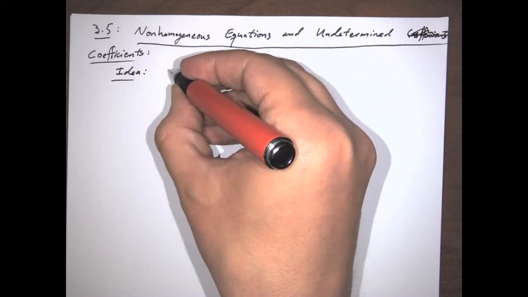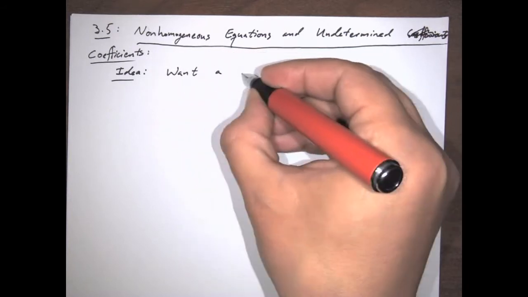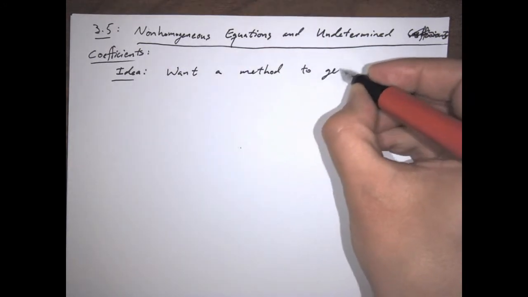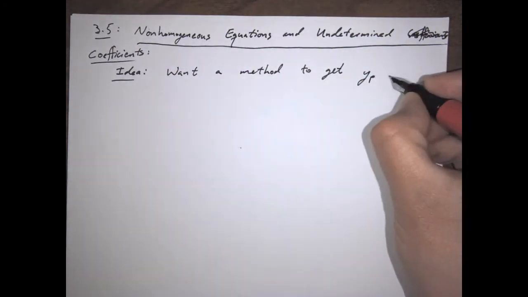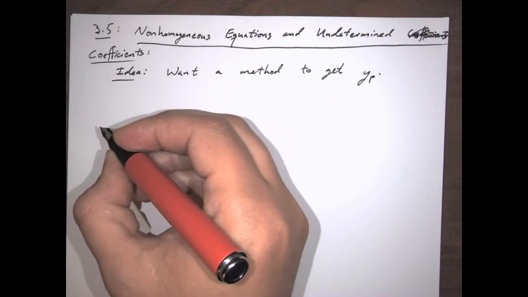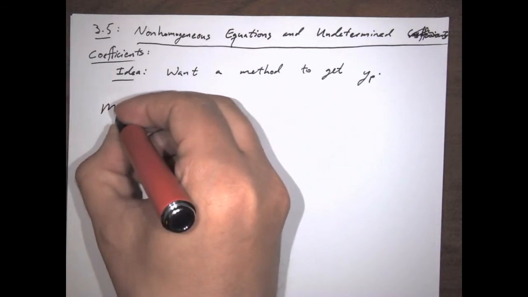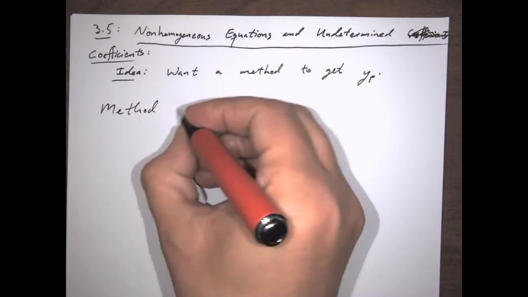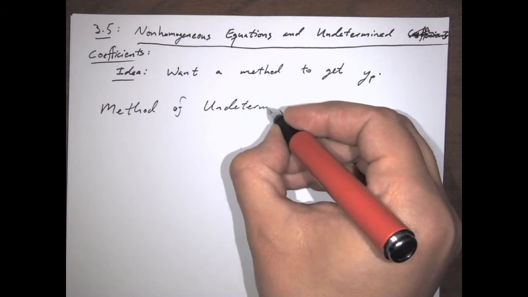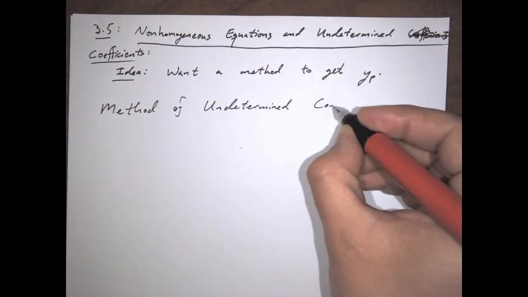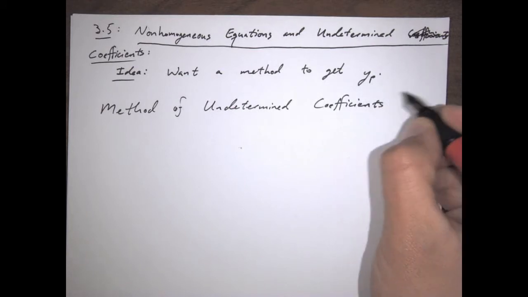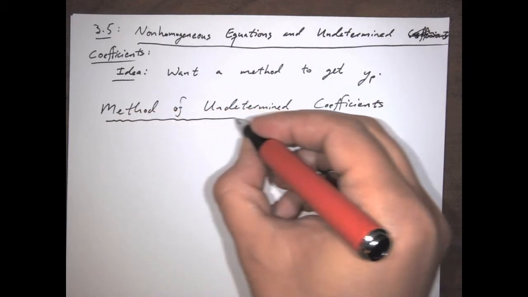So the idea is we want a method to get yp. So the method that we're going to use is what's called the method of undetermined coefficients. And here's the basic idea.